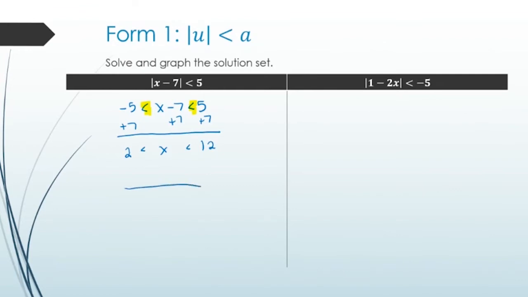And now graphing, I have 2 and 12. My x is in between 2 and 12, but does not include 2 and 12. So those are going to be parentheses. And the parentheses are facing where I'm shading. So my interval notation is 2, 12 with parentheses.